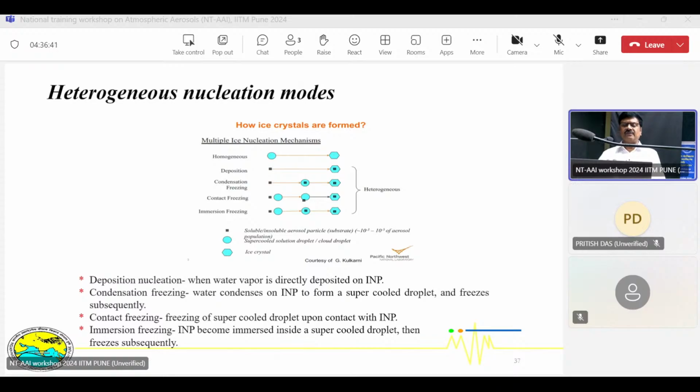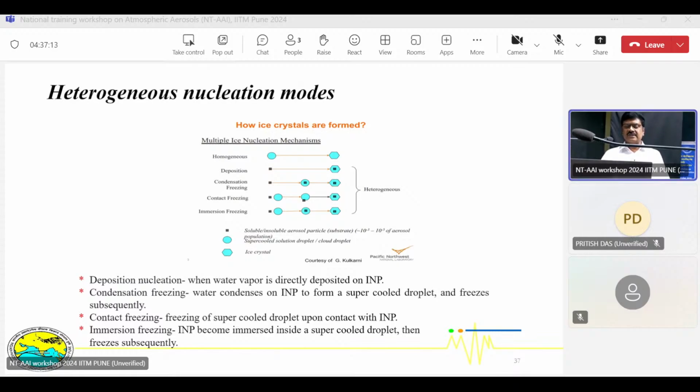There are different nucleation modes through which ice crystals can form. Homogeneous nucleation needs very high ice supersaturation, which is generally not possible in the atmosphere. But there are other modes of ice nucleation. The first one is deposition nucleation, in which water vapor is directly deposited onto the ice nucleating particle.